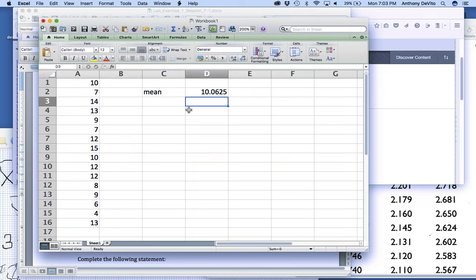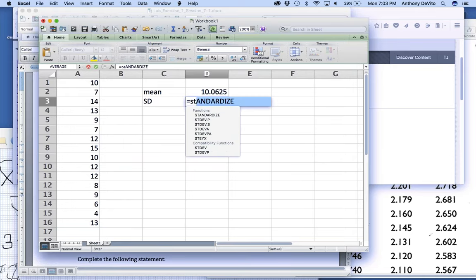So what's the standard deviation? It's going to be equal to the standard deviation. By the way, you'll see me when I type in equals STDEV, and you'll find this in many of the calculations that I do.